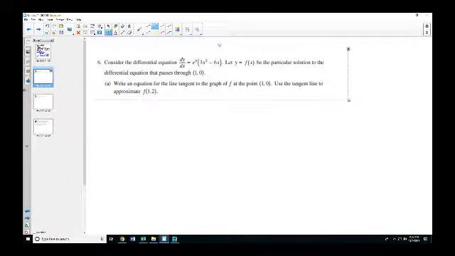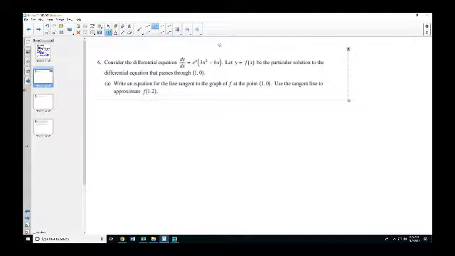So here's an AP problem from 2013, I believe. It's number 6. Consider the differential equation. We just had one of those on our test, right? Let y equals f of x be the particular solution to the differential equation that passes through (1, 0).